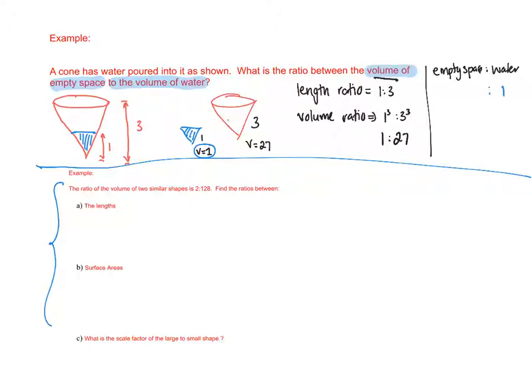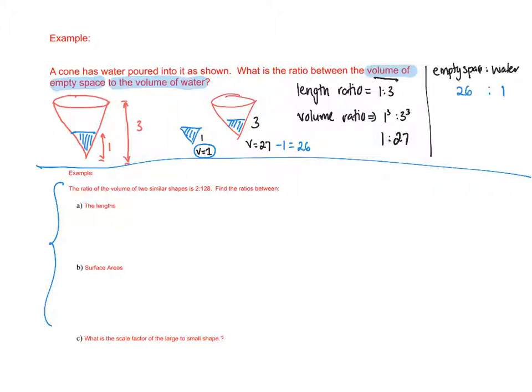Now, in this cone is the water. If you took away the water, which would be 1, you'd be left with the empty space, wouldn't you? So how much empty space have we actually got? We've got 26. So the ratio of empty space to water is actually 26.